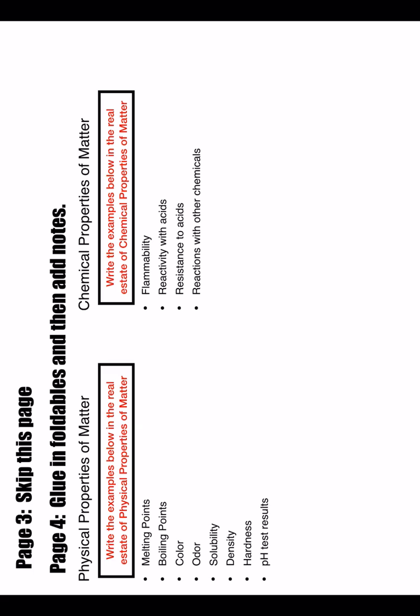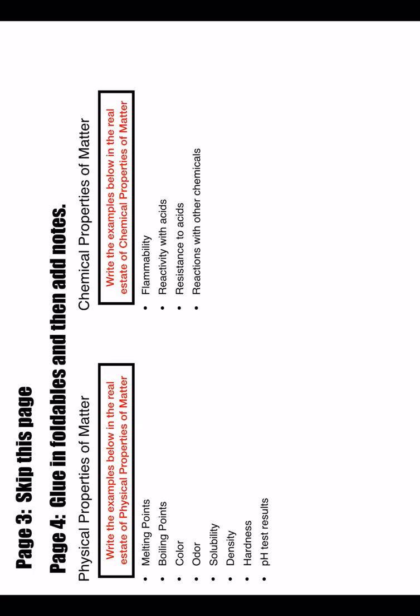Melting points are the temperature at which a solid changes to a liquid. A boiling point is the temperature at which a liquid changes to a gas. Color, odor, solubility, density, hardness, and pH test. Those are things that are not going to change the chemical makeup of the substance that you are testing.